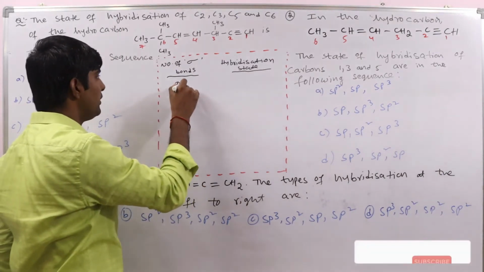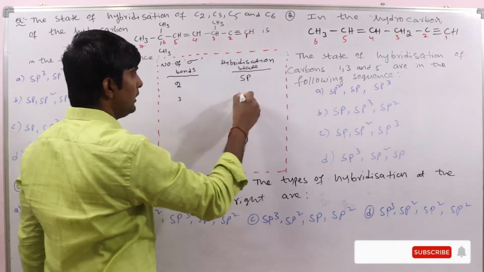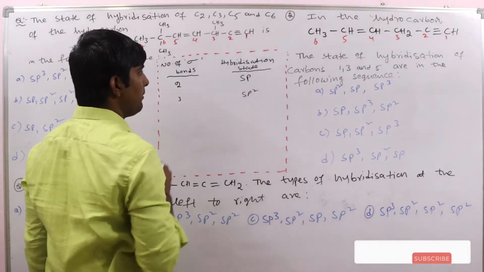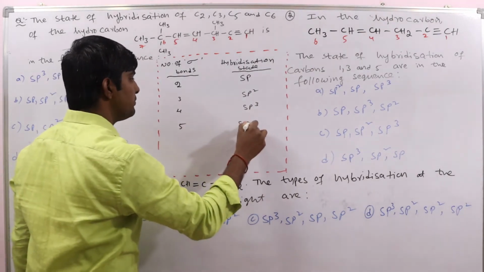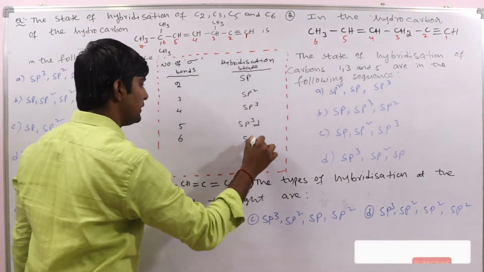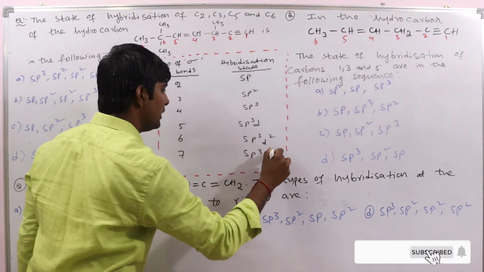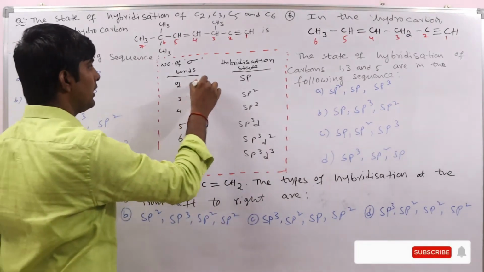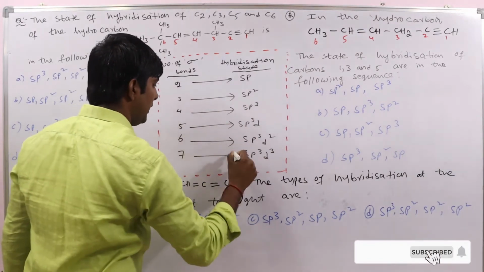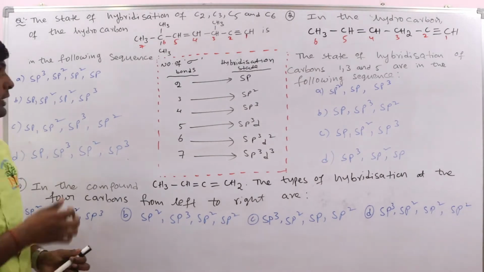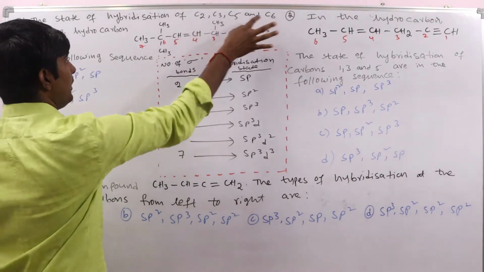Suppose 2 sigma bonds are present, then the hybridization state is sp. 3 sigma bonds, sp2. 4, sp3. 5, sp3d. 6, sp3d2. 7 sigma bonds, sp3d3. Like this, depending upon the number of sigma bonds around a particular atom, hybridization can be easily determined. Clear? So now we have to identify at C2, C3, C5 and C6.